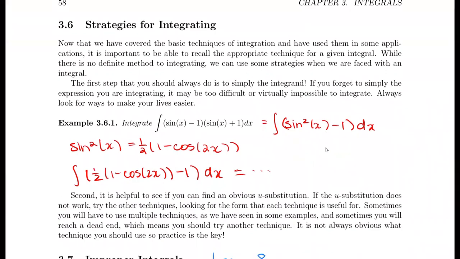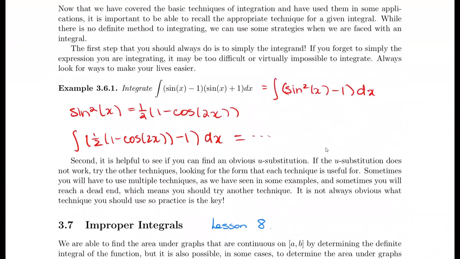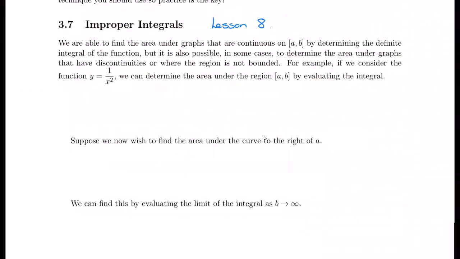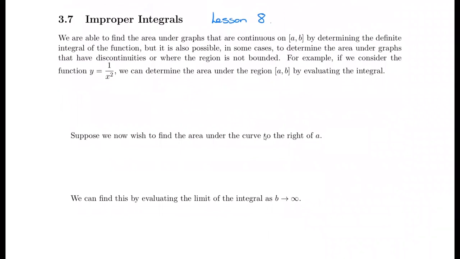So in this lesson, we will be focusing on another concept of integration, which is called improper integrals. So let's say that first of all, we are able to find areas under the graphs that are continuous on an interval.